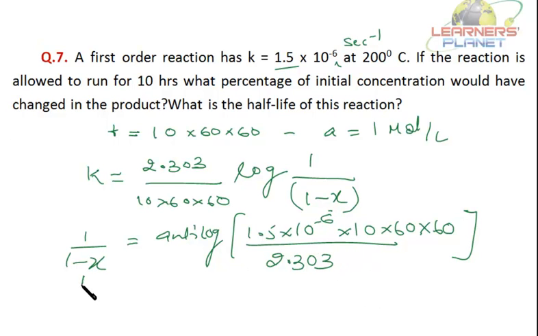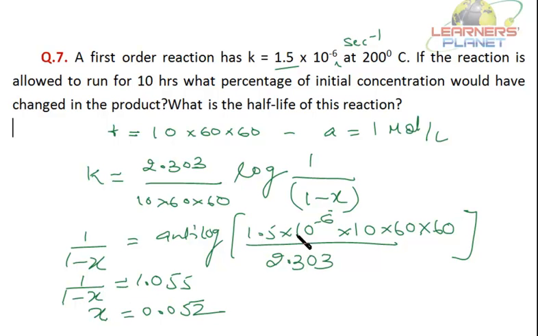So just solve this. You'll be getting 1 by 1 minus X as 1.055. From here you can easily get your X, and X comes out to be 0.052. Solve this equation.